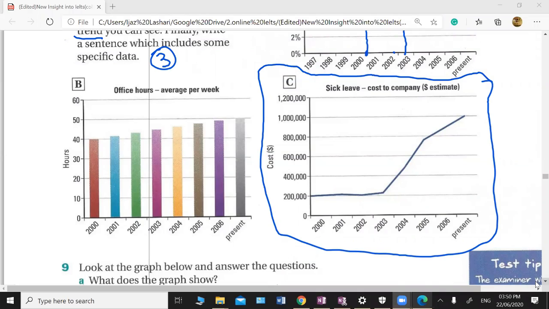So it is the cost when people are sick or paid sick leave. Sometimes we don't go to work, we take sick leave, but the company pays us for that day. At the end of the year, they check how much money they paid to the workers when they did not work.